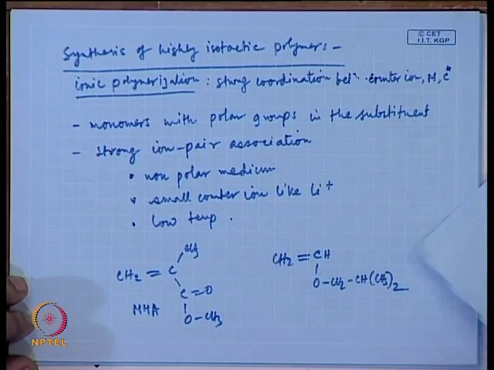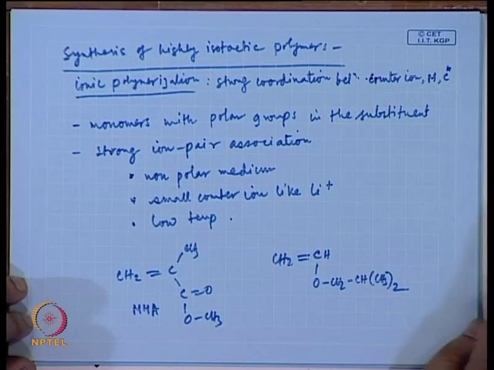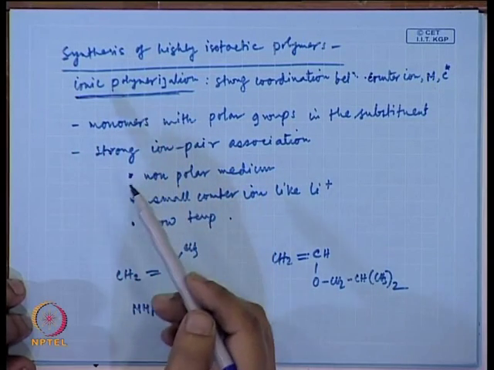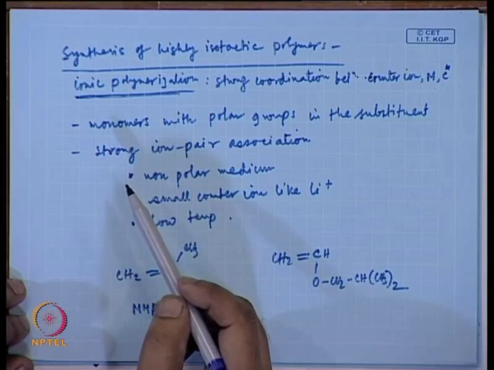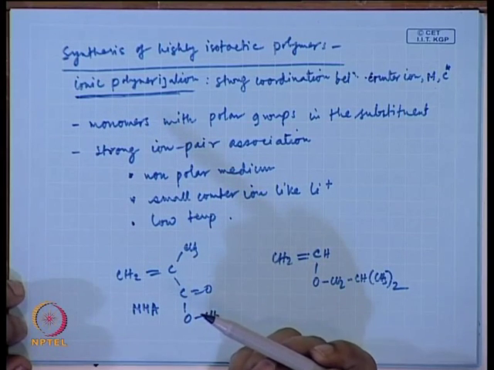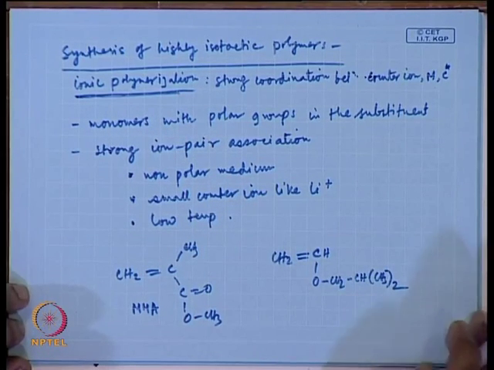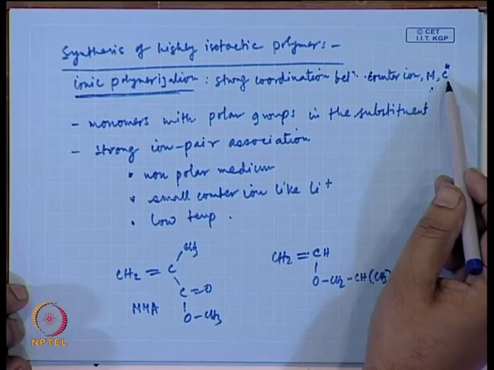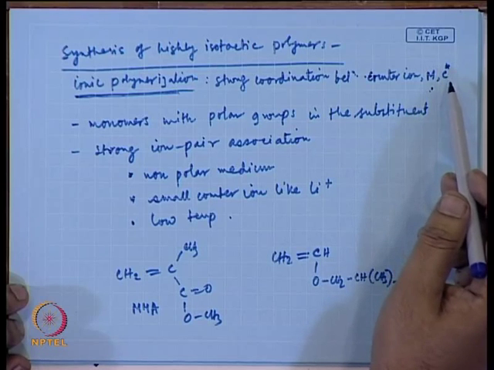Now, we can get a highly isotactic polymer if we do an ionic polymerization such that we have a very strong coordination between the counter ion, the incoming monomer, and the active chain end, which could be a cation or an anion.